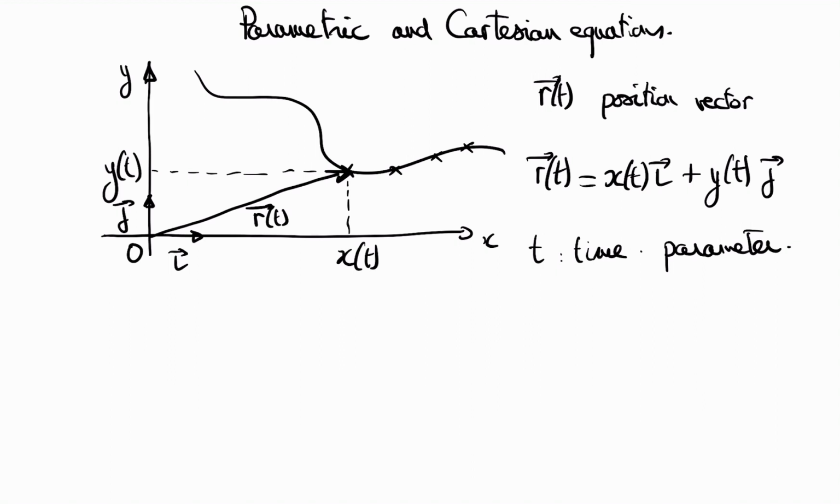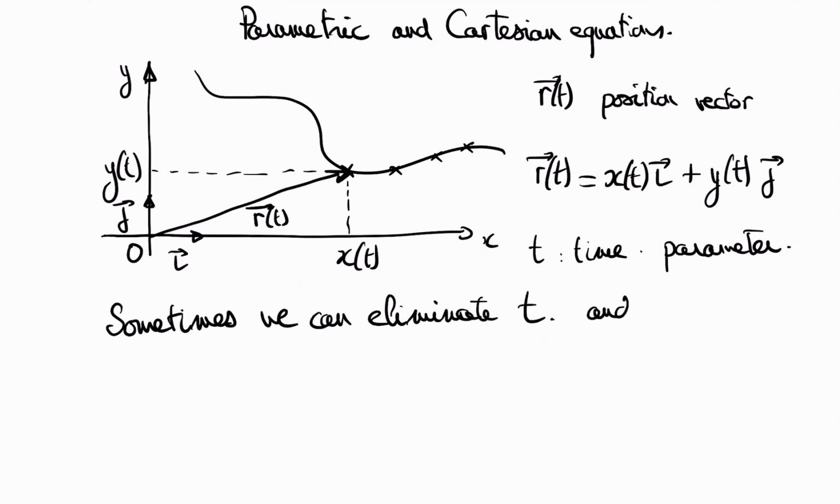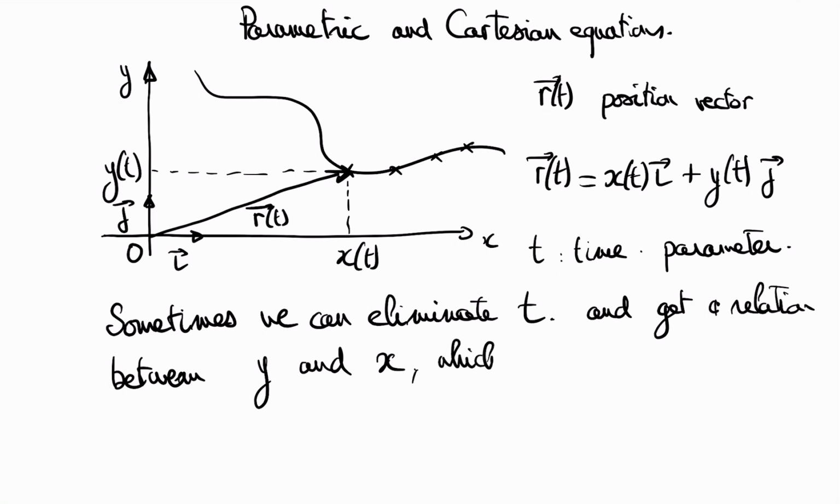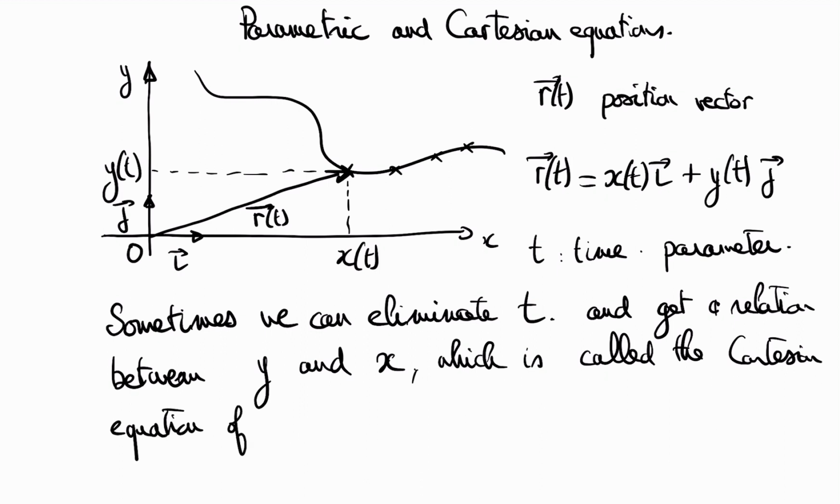Now, sometimes we can eliminate t and get a relation between y and x, which is called the Cartesian equation of the movement.